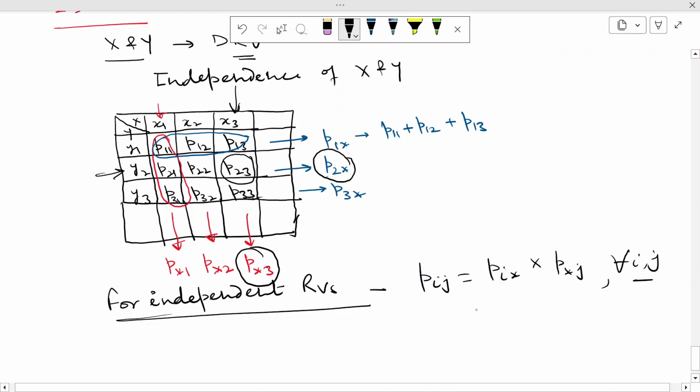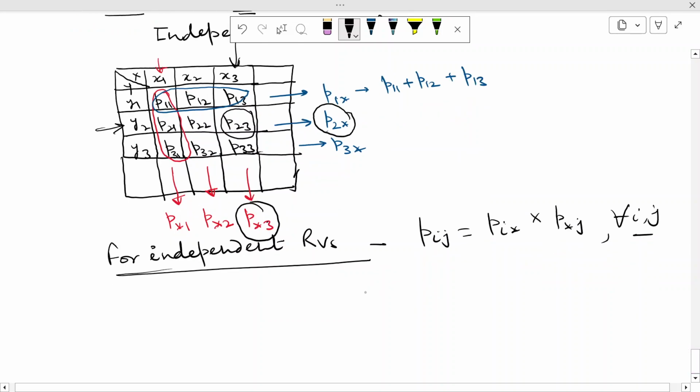If this type of condition holds for every pair of values of the random variables, we can say that our random variables are independent, otherwise they are not.